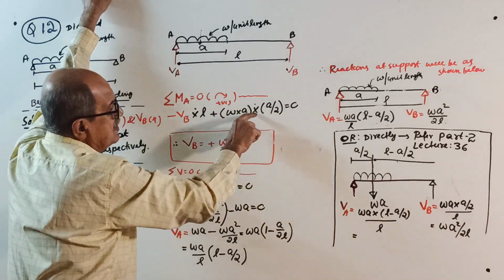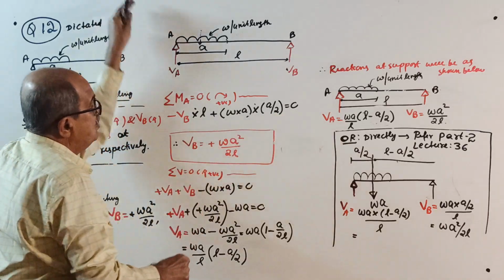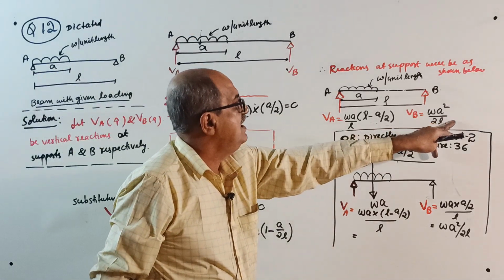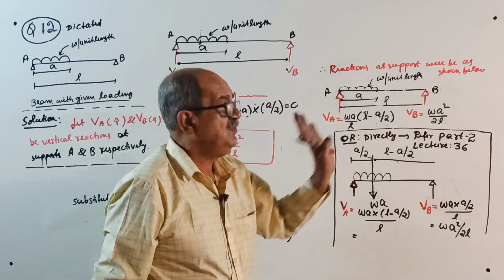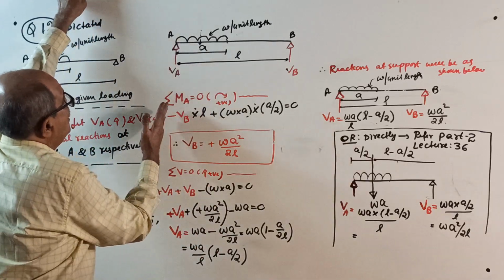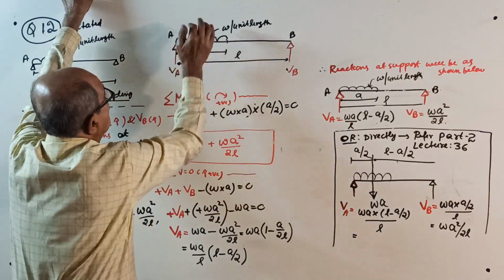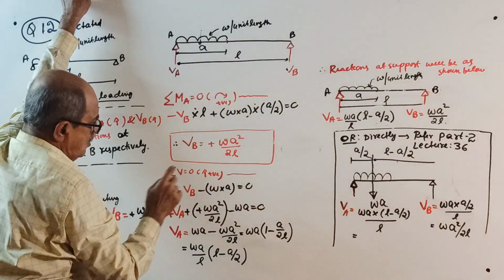Minus is there, this becomes plus on that side: WA square by 2 by L. So VB equals WA square by 2L. Sigma V equal to 0, upward positive: plus VA plus VB minus the load W into A equal to 0.